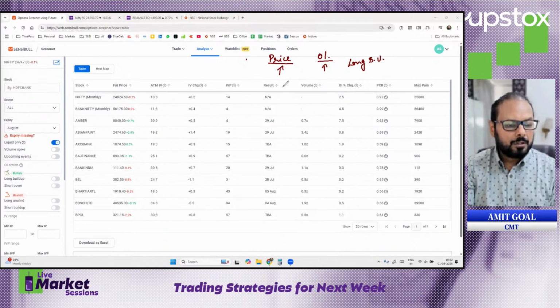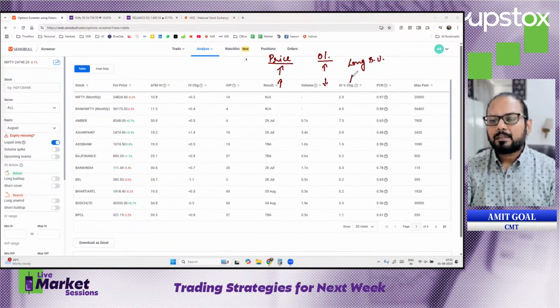Okay, now if the price is going up and the OI is going down, what will you call this? Short covering.